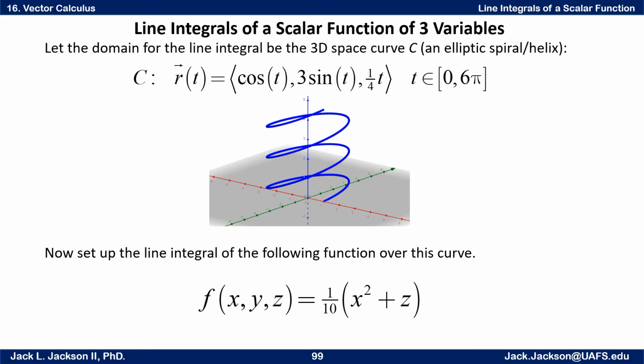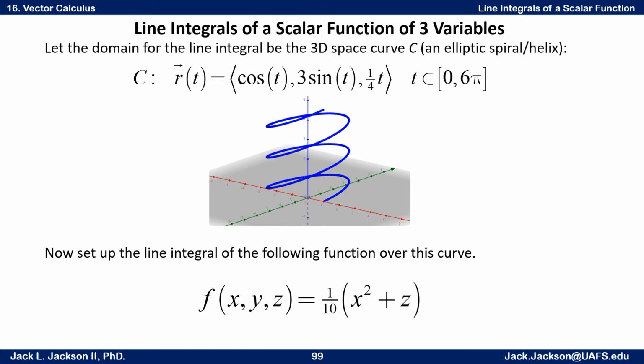Or in other words, the r vector of t is cosine of t i, 3 sine of t j, and 1/4 t k. And we're going to let t run from 0 to 6 pi.